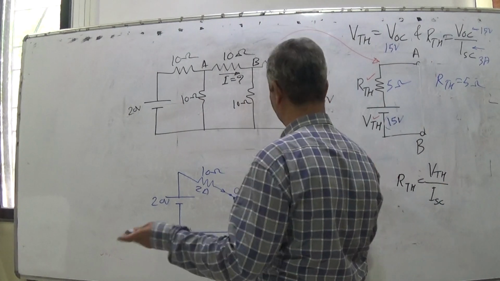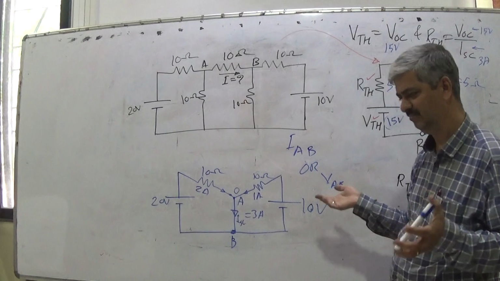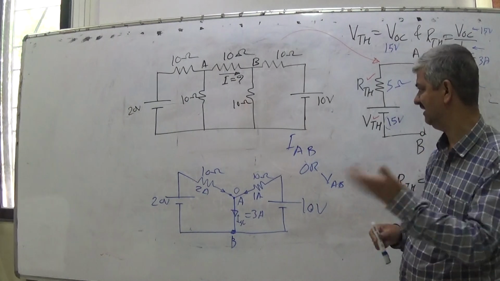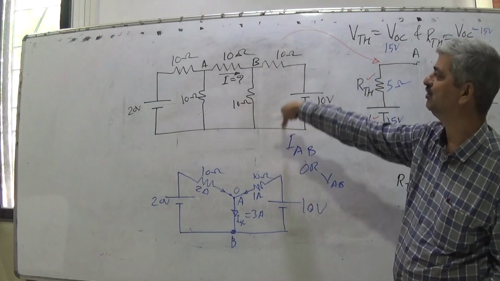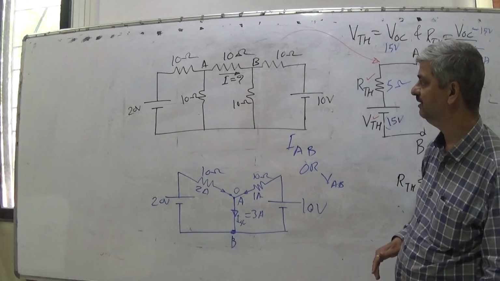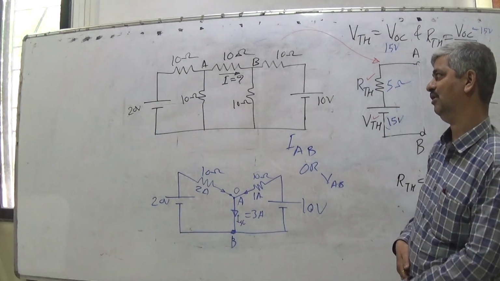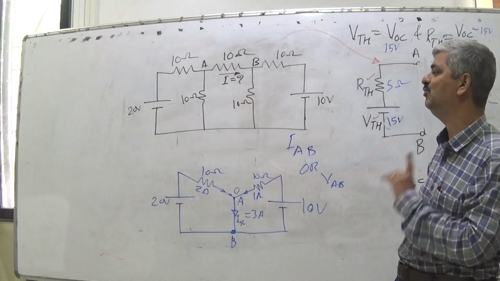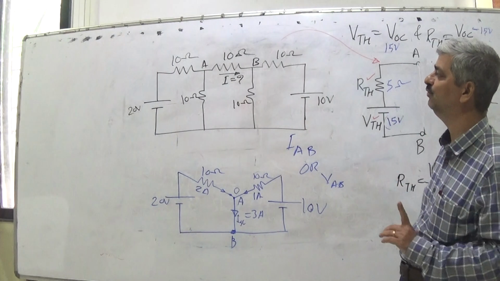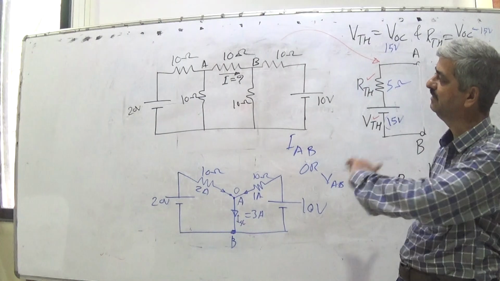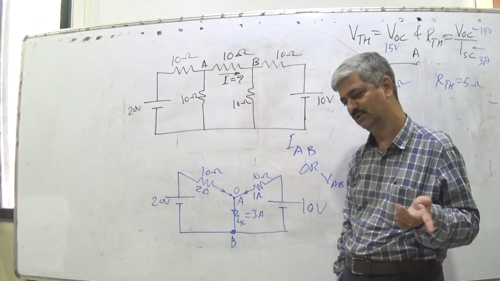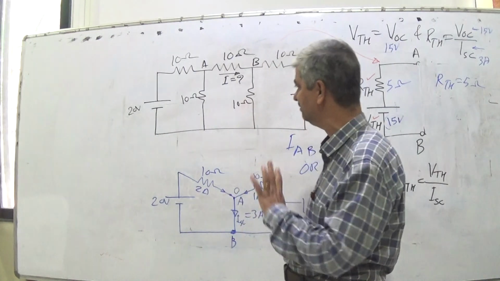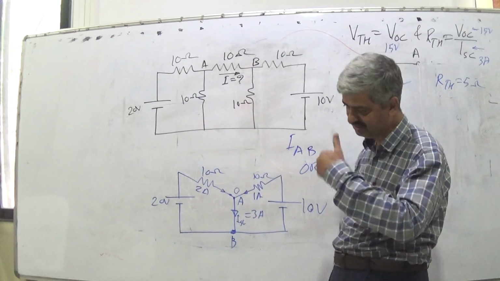Either way, both are very simple. I mean, both are same, just same questions asked in arithmetic method. Now this you can do using Kirchhoff's laws, and the same you can do using Thevenin's theorem. So you try to solve it using Kirchhoff's laws, you try to solve it using Thevenin's theorem.